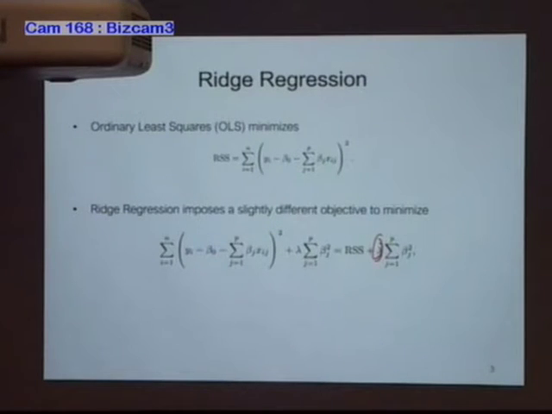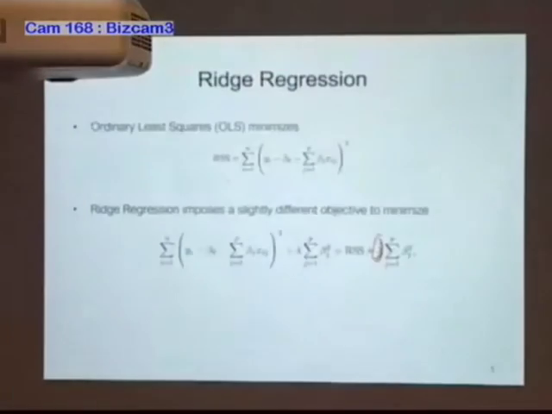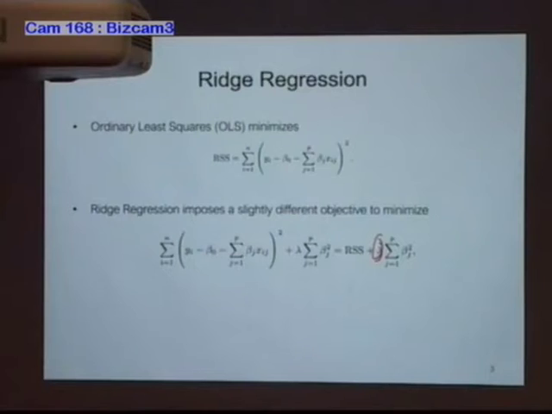Think about what if lambda is 0? What do you see? If lambda is 0, we go back to the original solution. Right? If lambda is infinity, what do we do? Beta is 0, right?